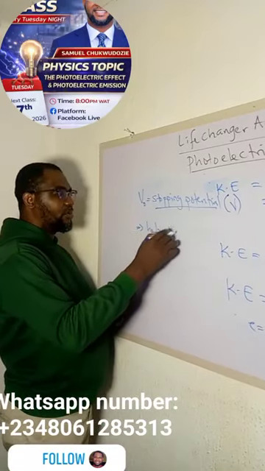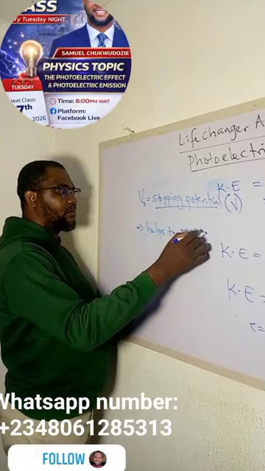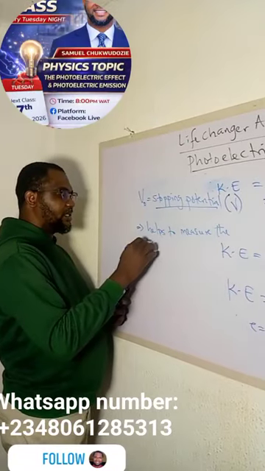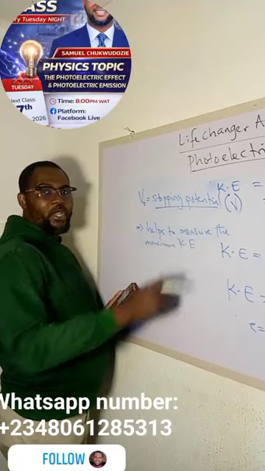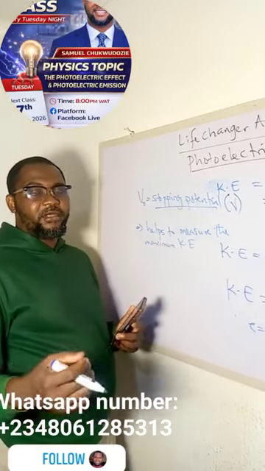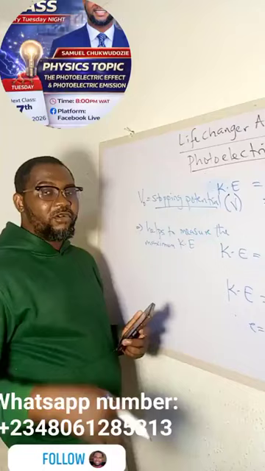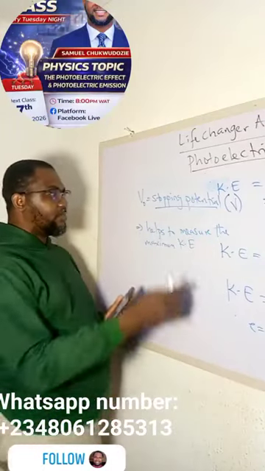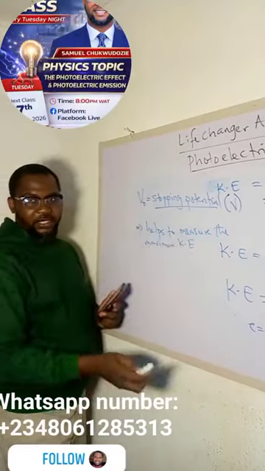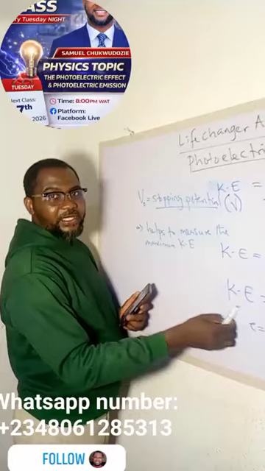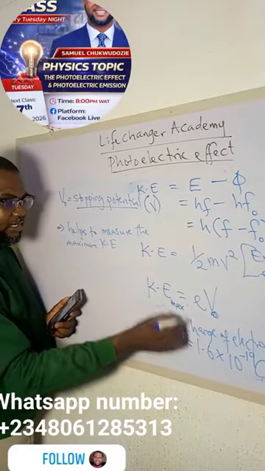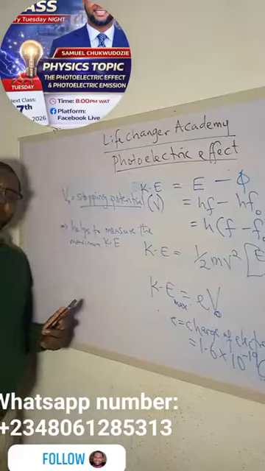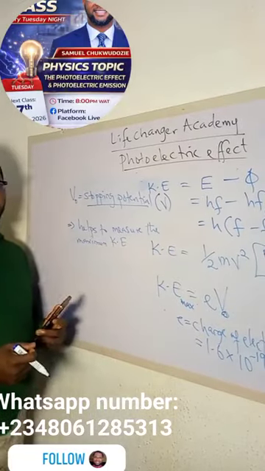The maximum kinetic energy of a photoelectron is measured by the stopping potential. That means this formula we write here, I will be correct if I call this KE maximum, the maximum kinetic energy an electron will possess.